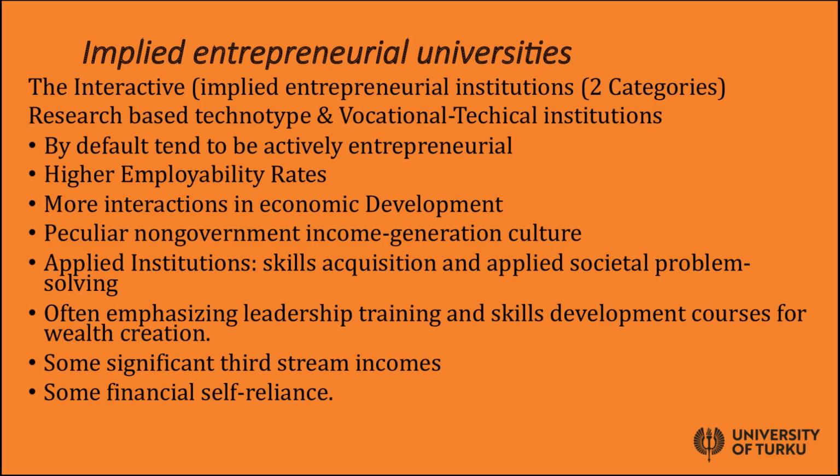Within this, we find 2 categories: a research-based technotype and vocational technical institutions. We call this research-based technotype, for instance, the case of the Kwame Nkrumah University of Science and Technology, because they are science and technology institutions, but they do research. There are vocational and technical institutions also in Africa, which are entrepreneurial, applied, but they do not do research. So that is where we made the difference between these.